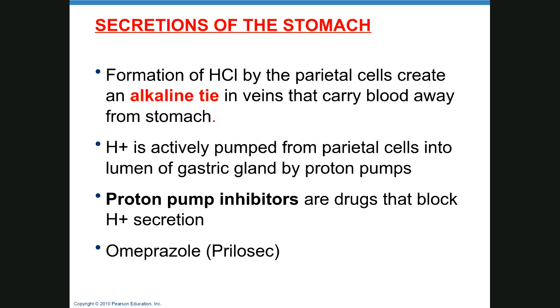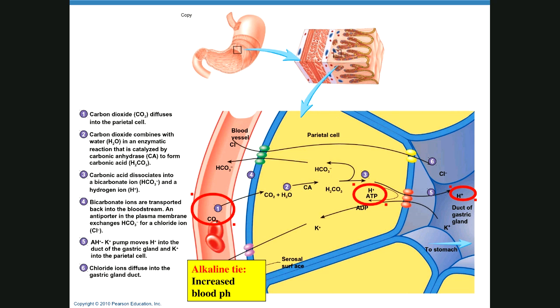Hydrochloric acid is made from CO2 in blood. So parietal cells have close contact with blood vessels, and there we go, CO2 that is traveling in the plasma. Remember from last chapter, about 7% of the CO2 was traveling as CO2.